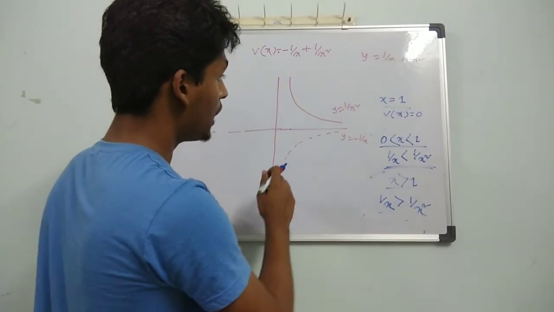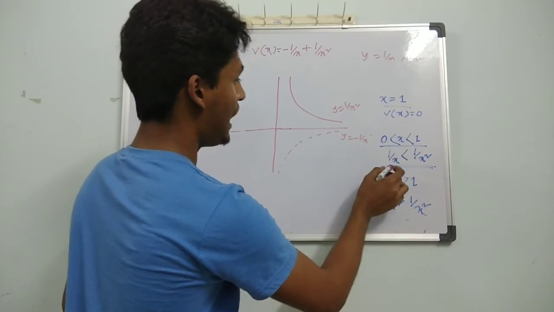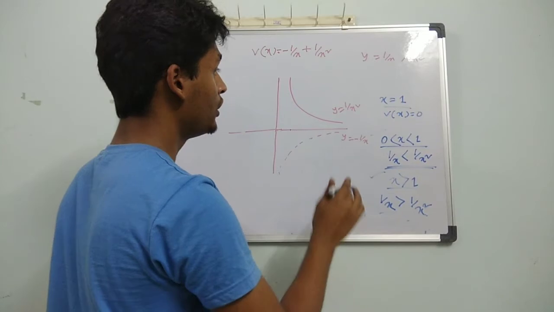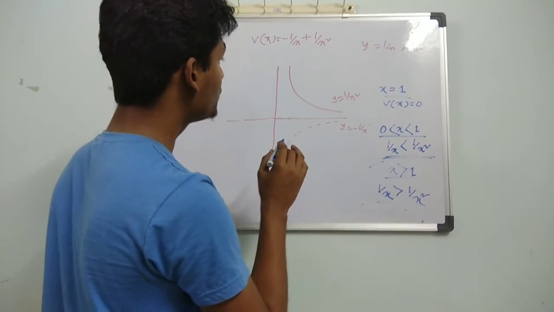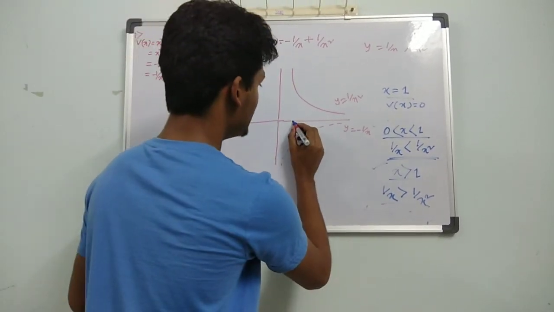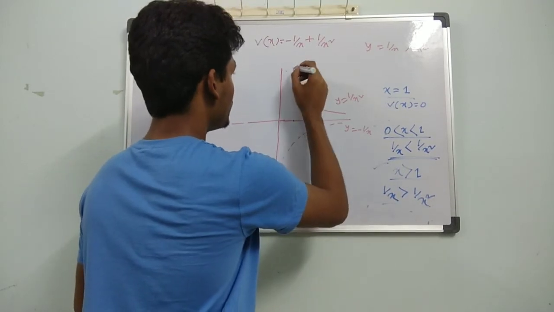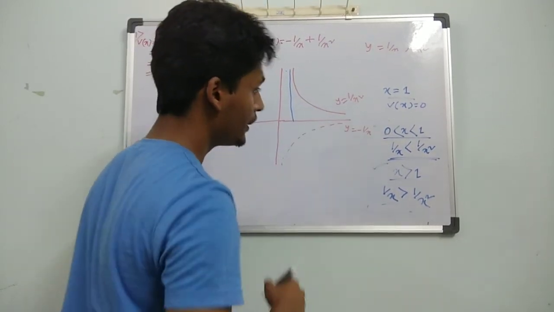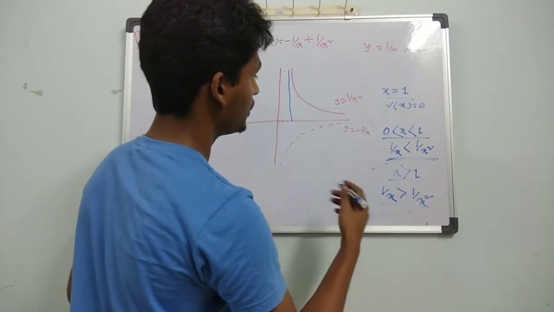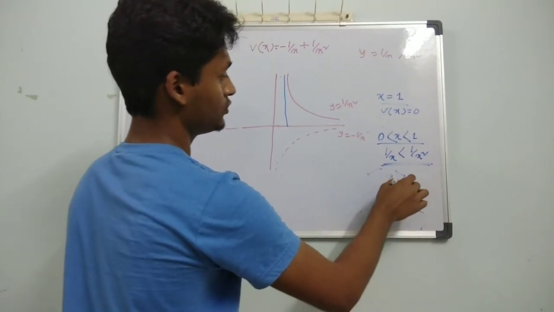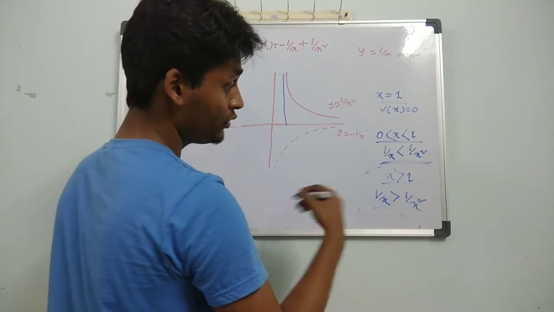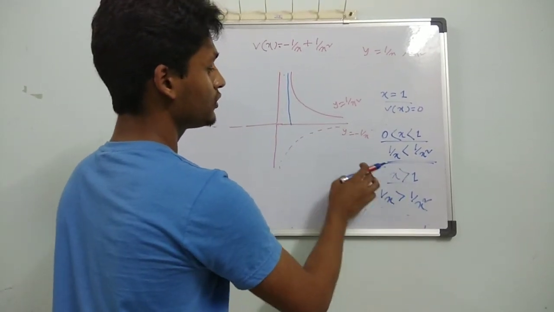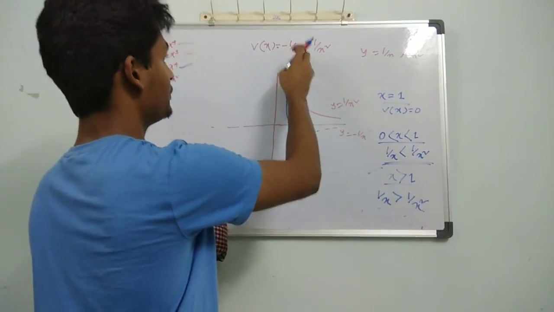So up to this region, as the function is dominated by 1 by x square, the function will always give you positive up to this. So I'm going like this. And after that, if we go x greater than 1, then it will always give you minus, because 1 by x is dominating over the function.